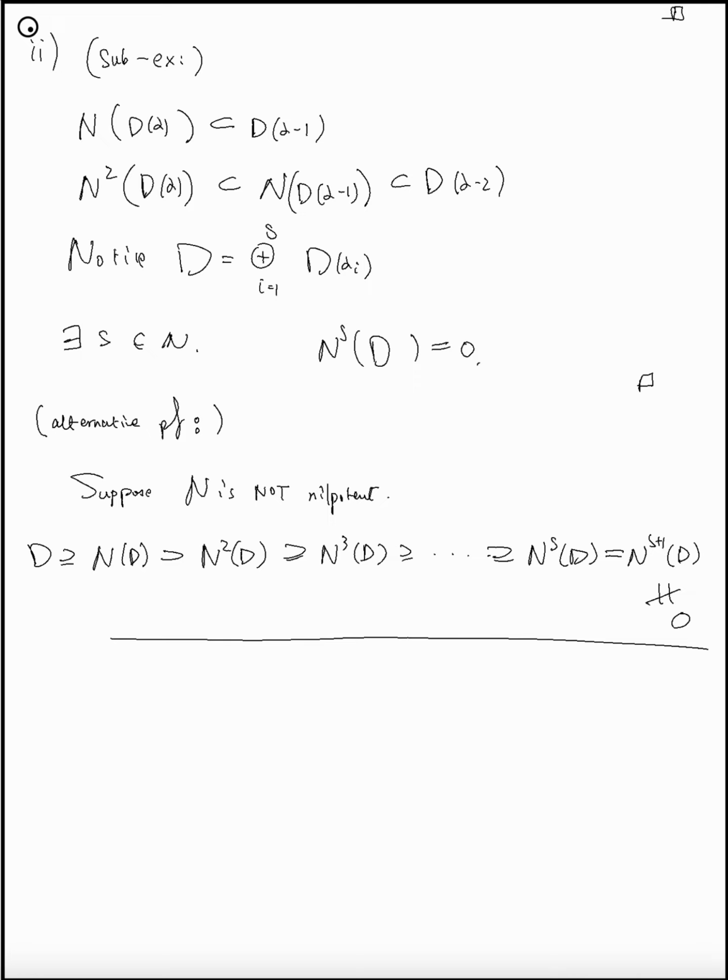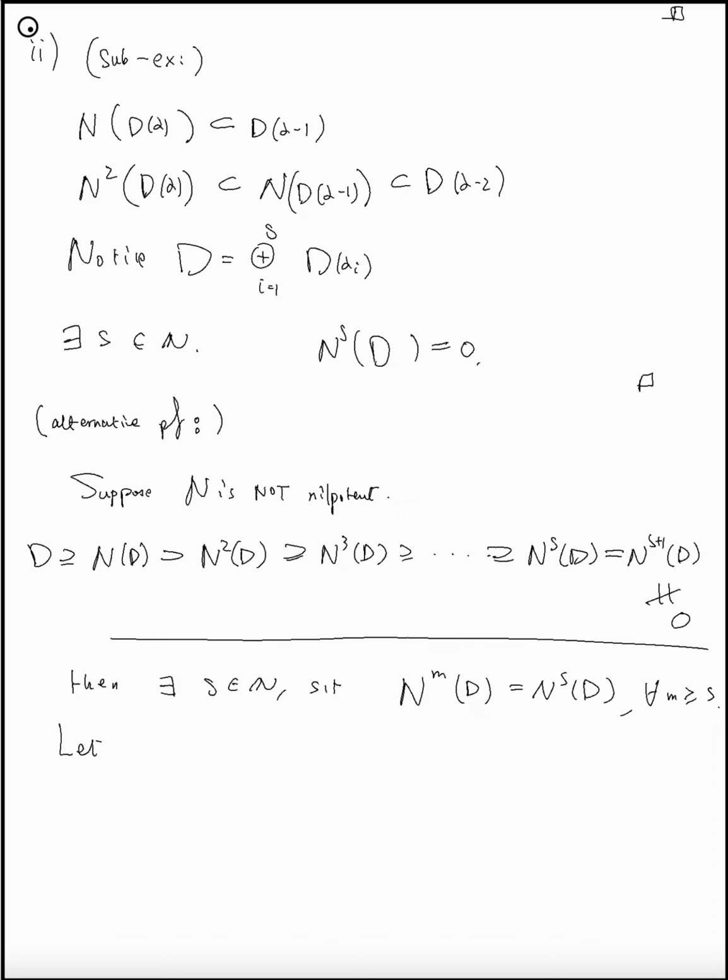If it's not stabilizing, then there exists s such that N to the power m D equals N to the power s D for any m bigger or equal than s.